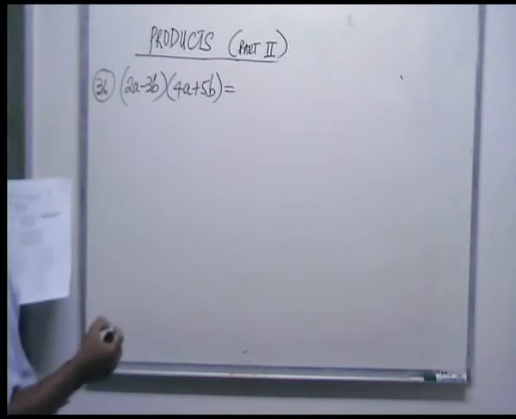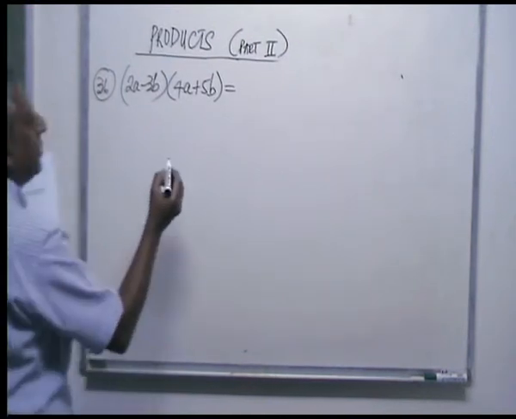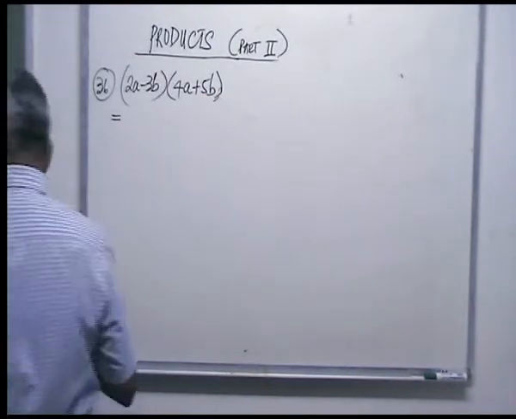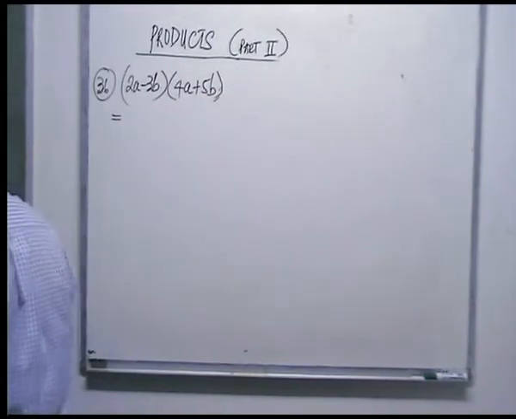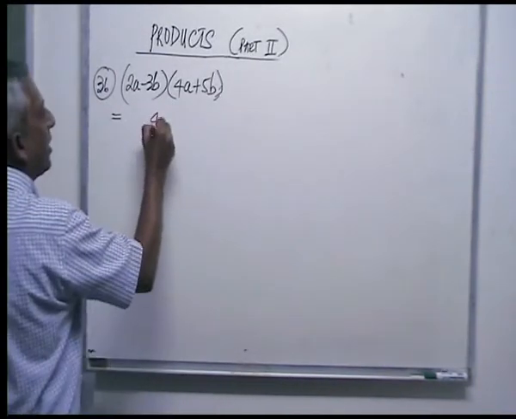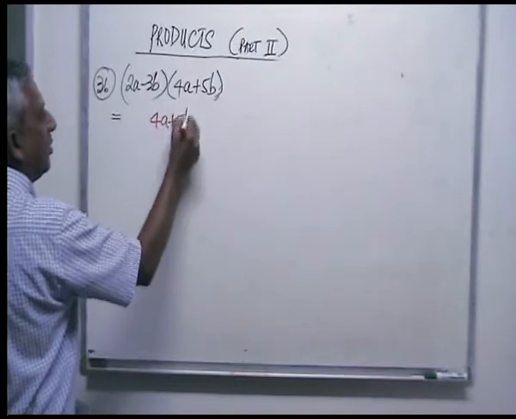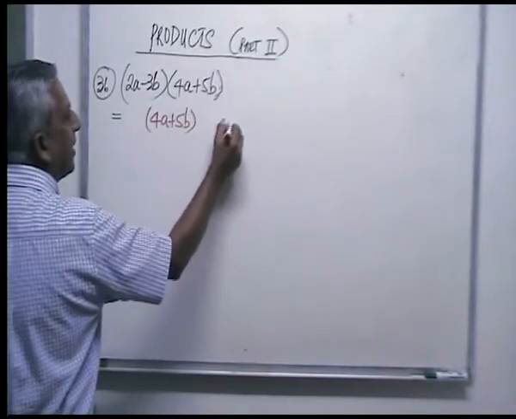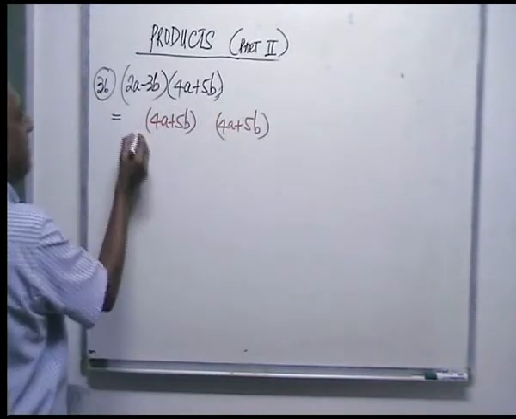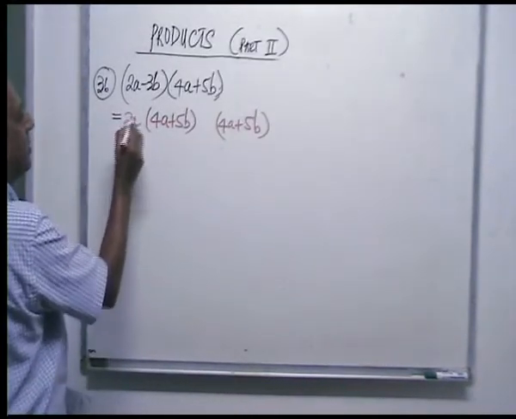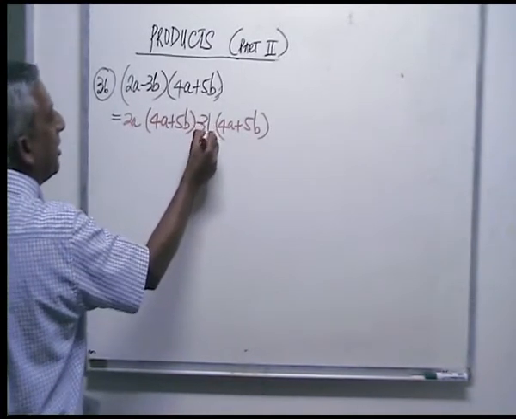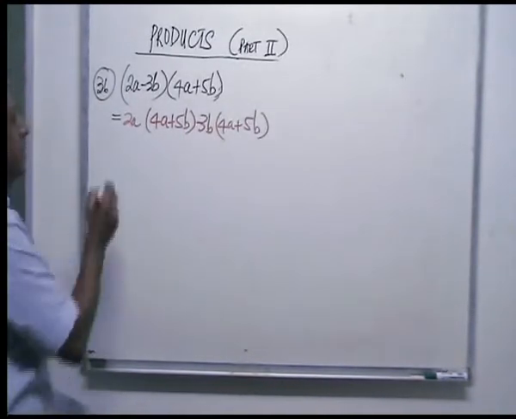Okay, so here we have number 36, and so I can write the answer just below it here. If I write the answer below it, the bracket 4a plus 5b will be written once, and then I'll write 4a plus 5b the second time, and then in the front here I will write 2a, and in the middle there will be minus 3b, right?